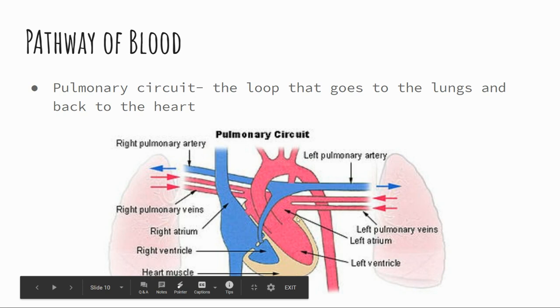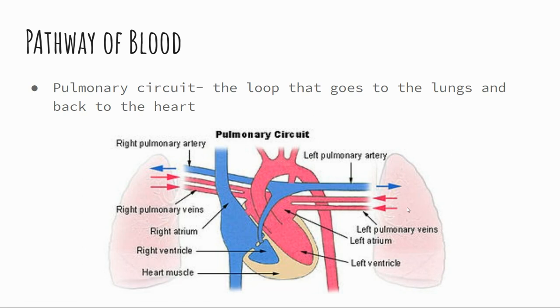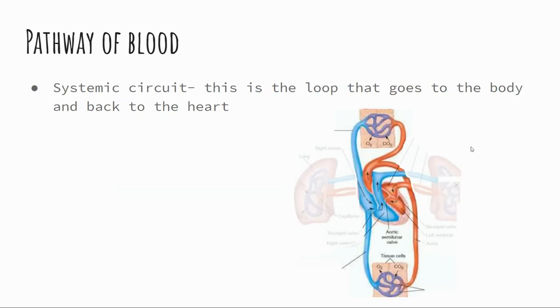Heart through the pulmonary artery to the lungs, where it's going to pick up oxygen, and then back through the pulmonary veins will go the oxygenated blood to the heart to be pumped to the body. So that is the pulmonary circuit. And the systemic circuit is the loop that goes to the body and back to the heart. So heart, then to the body for gas exchange, and then back to the heart.